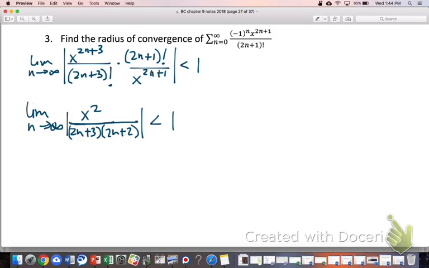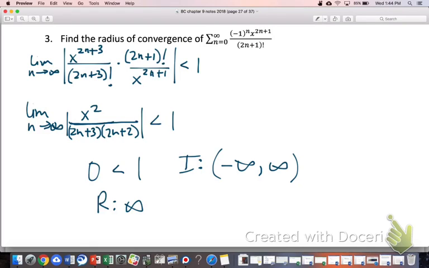And again, really similar to number 1, as you apply the limit, the numerator is held as just x squared, the denominator gets gigantic, and you end up with a 0 over there. So 0 is less than 1. Therefore, again, your radius is infinite. And if you had to write an interval, you would say negative infinity to infinity.